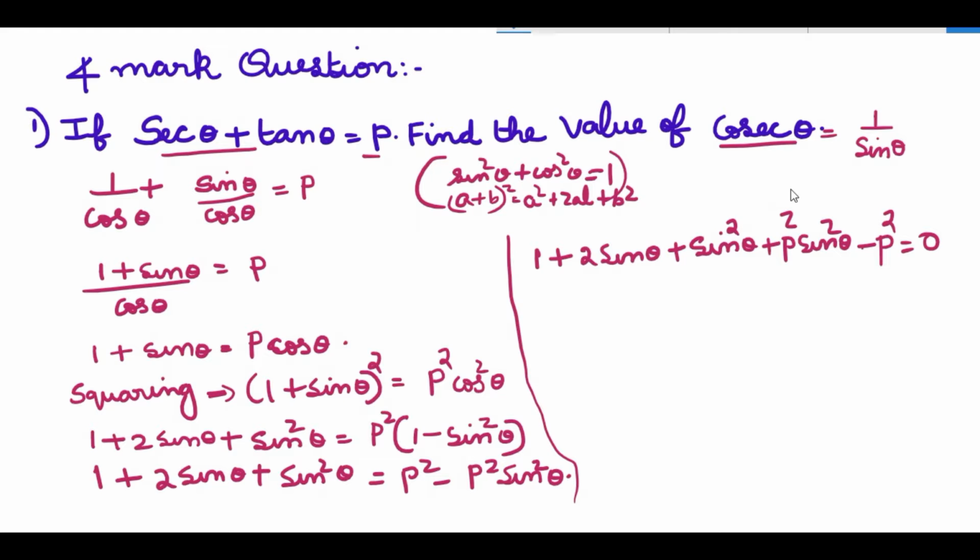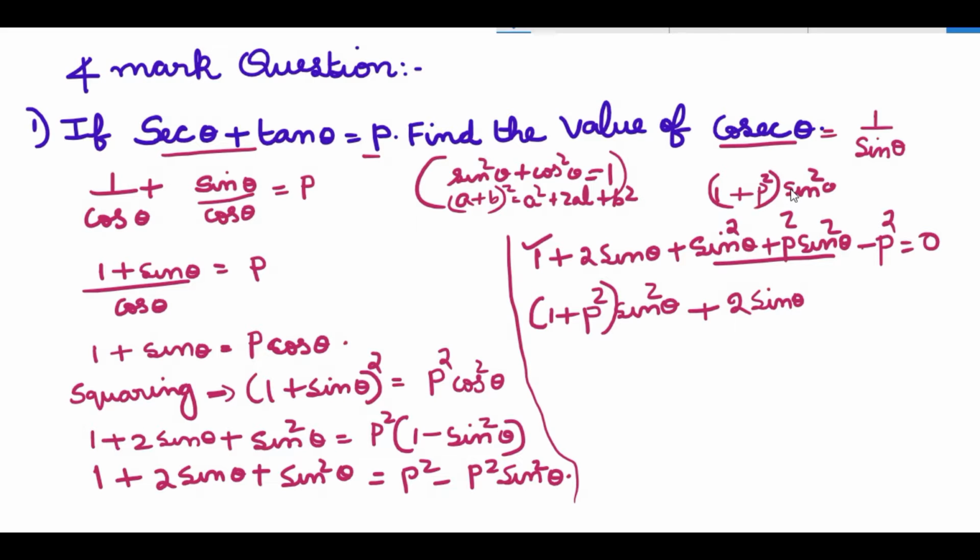This I can write in the form of quadratic equation, that is sin square theta plus P square sin square theta I can simplify as 1 plus P square times sin square theta. So I can write first this 1 plus P square inside the bracket, sin square theta, plus 2 sin theta.